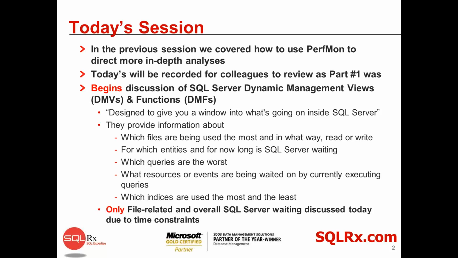So they provide, in general, and there are hundreds of them, information about files being used, in what ways they're being used, what SQL waited for in general as an overall category, which queries are the worst, and what are the resources and events being waited for by current queries.